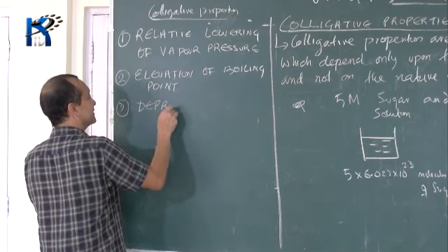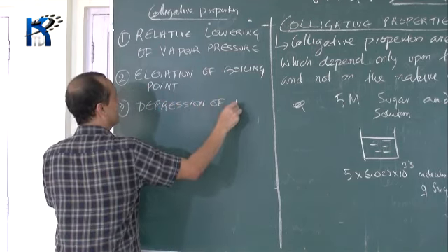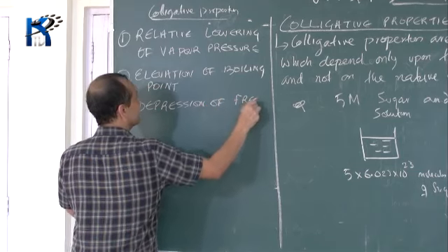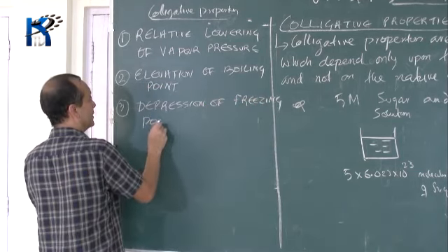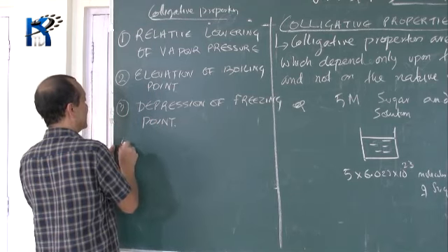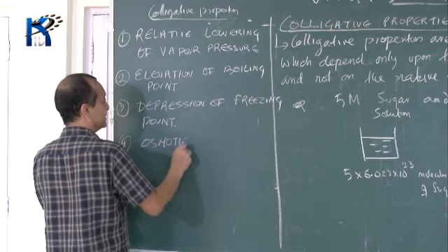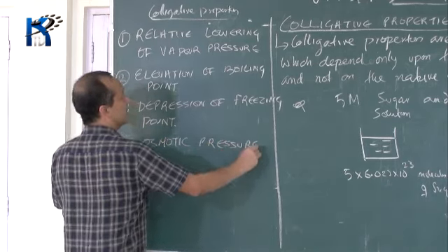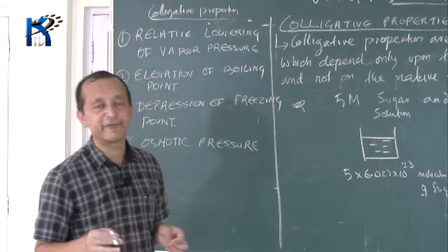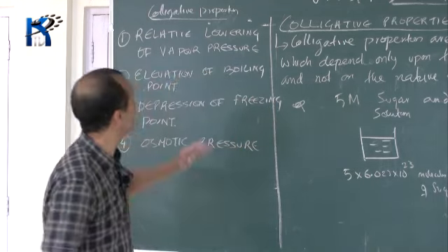Depression of freezing point, and number 4 is osmotic pressure. Okay, so there are 4 colligative properties which we have to do one by one.